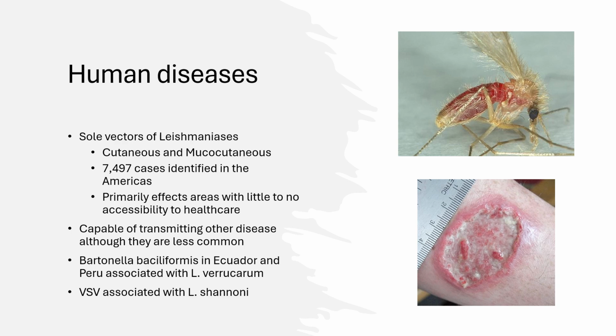Other diseases include vesicular stomatitis virus, or VSV, which has a more agricultural impact as it more commonly affects livestock and occasionally infects humans. It is commonly associated with the Lutzomyia shannoni species of sandfly, which is also very prevalent within South and Central America.